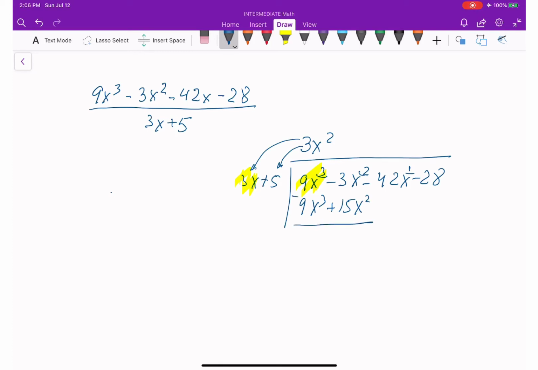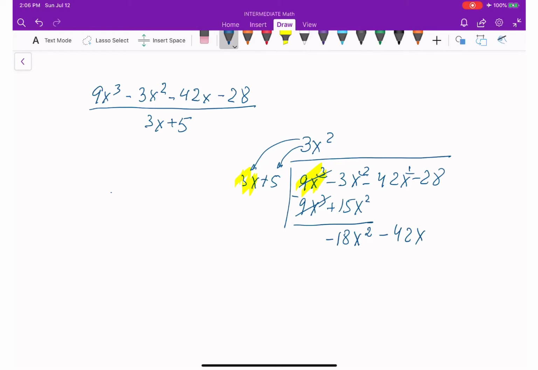Okay, when we subtract, this is gone. Negative 3x squared minus 15x squared, it's going to be negative 18x squared. Okay, bringing down minus 42x.